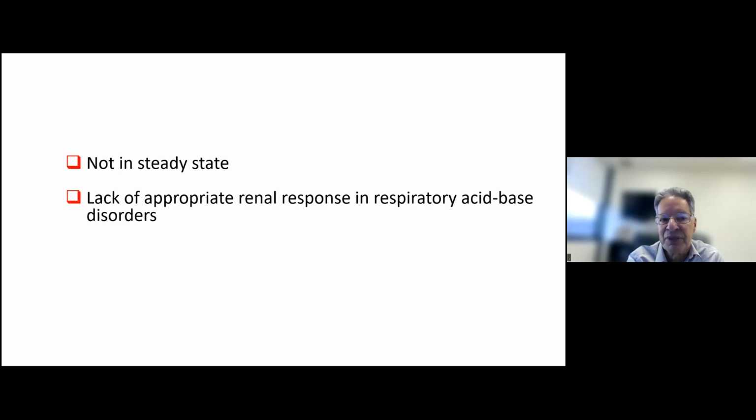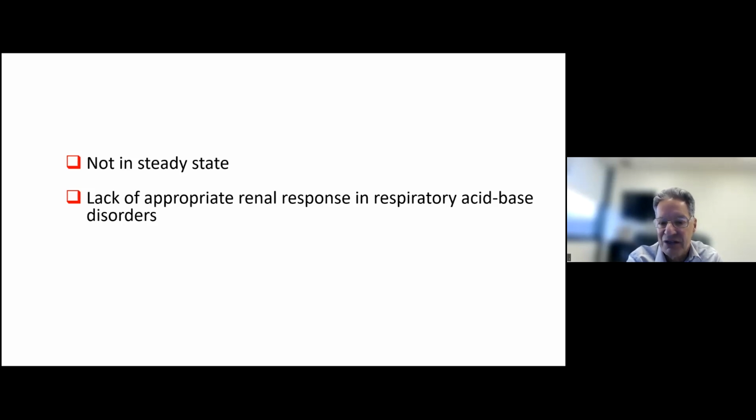That's one possibility. And the other possibility is that, if it's a respiratory acid-base disorder, you didn't get the appropriate renal response, either because the patient's on some drug that affects the kidney's acid-base response, or there's CKD, or there's something going on preventing the kidney responding as it normally would to a respiratory acid-base disorder. Remember, these rules assume physiologic normality.